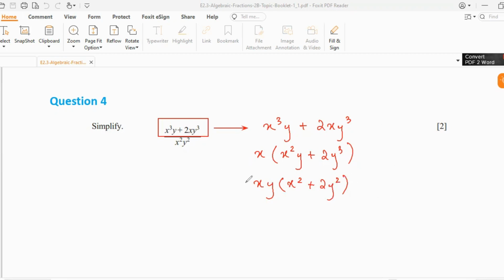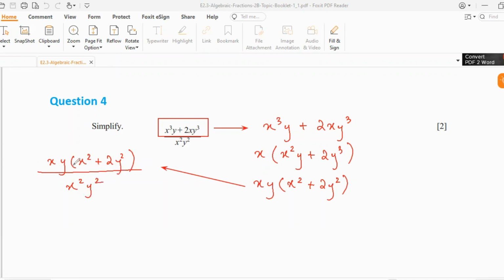So this is the simplified form of just the numerator. So if we rewrite this fraction over here, it's going to be xy times x squared plus 2y squared divided by x squared times y squared.